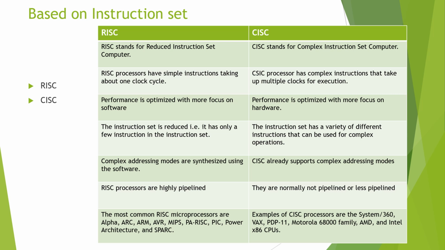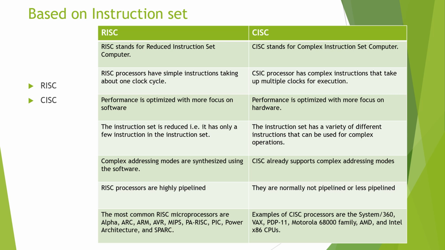RISC processors have simple instructions taking about one clock cycle, and a CISC processor has complex instructions that take multiple clock cycles for execution. In the case of RISC architecture, the performance is optimized with more focus on the software, whereas in CISC the performance is optimized with focus on the hardware.